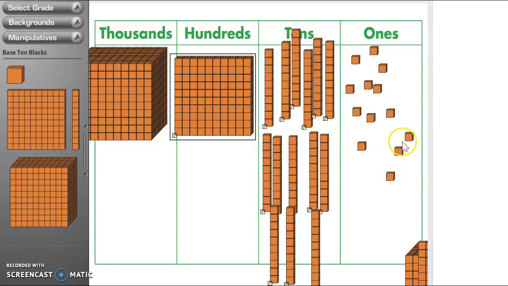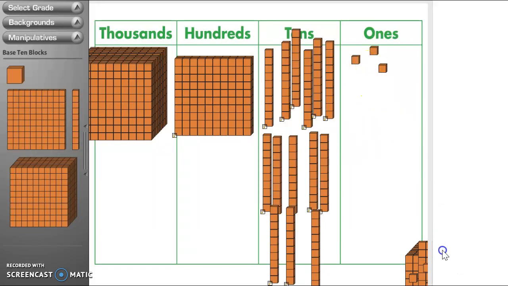Okay, so now I've got 1, 2, 3, 4, 5, 6, 7, 8, 9, 10 ones that I can exchange for one group of 10 here.